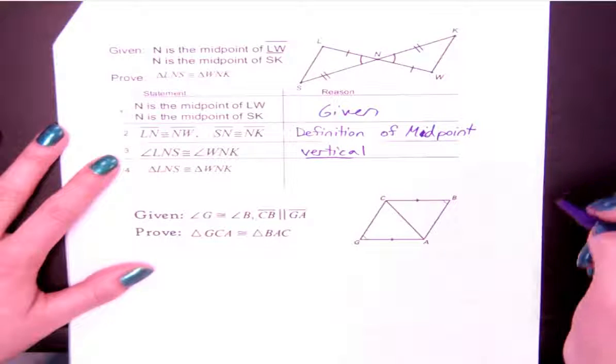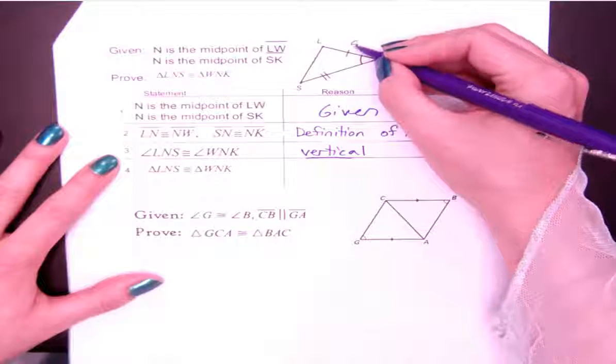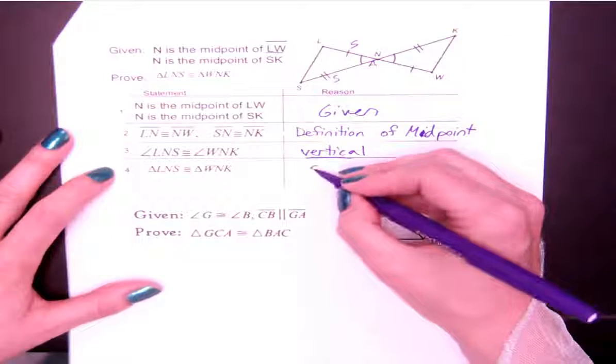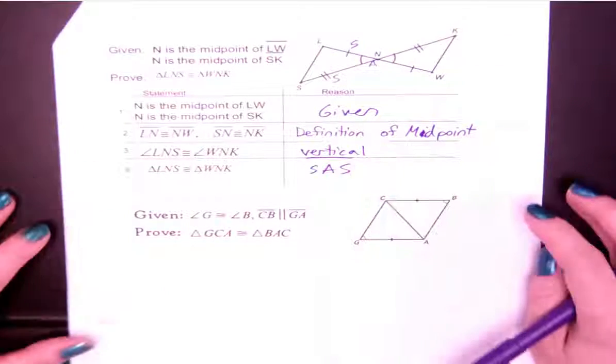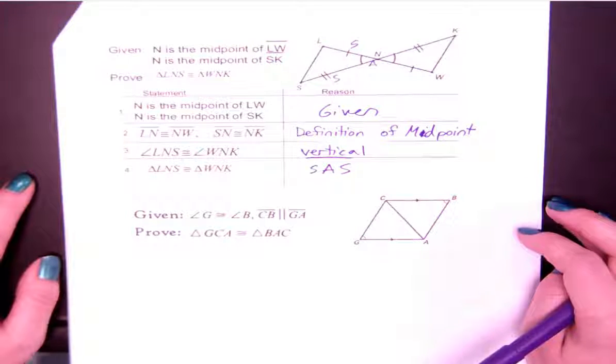Okay, just vertical. And then I can label it here on my drawing. How are these congruent? Yeah, side angle side, or SAS. Is that easier than the proofs you did last time?